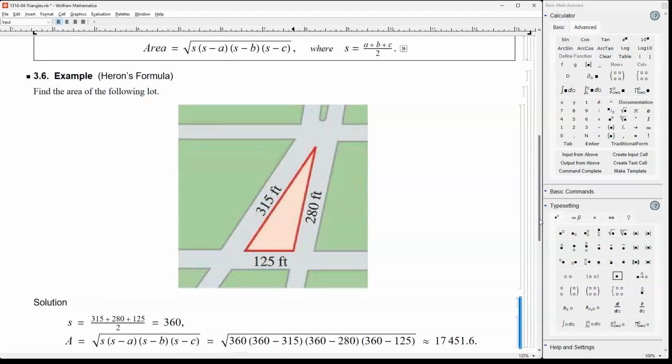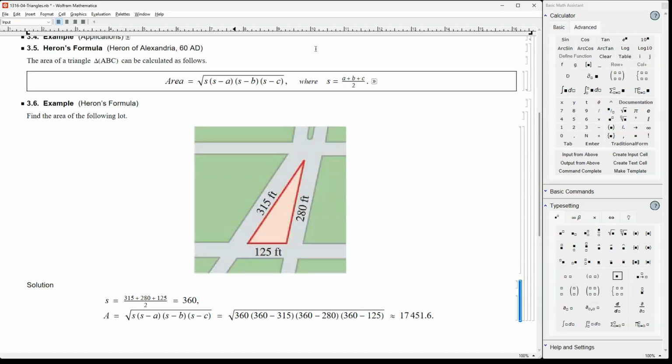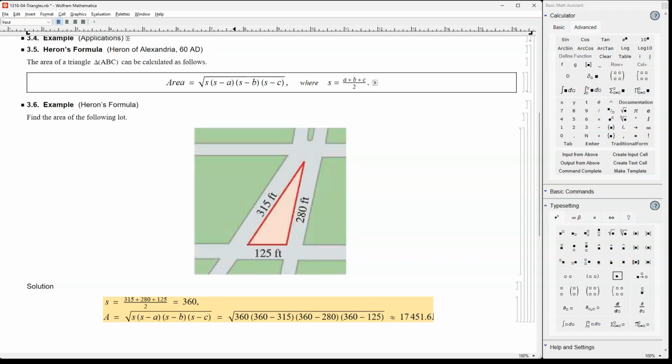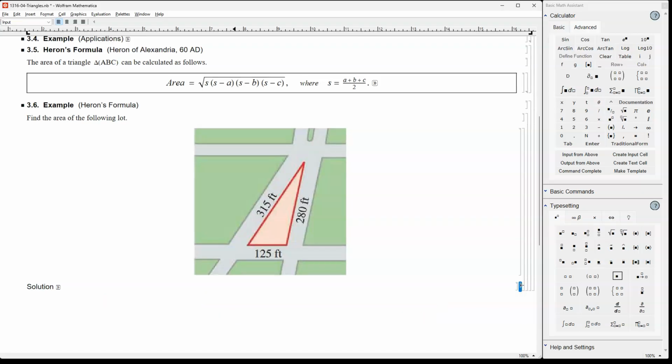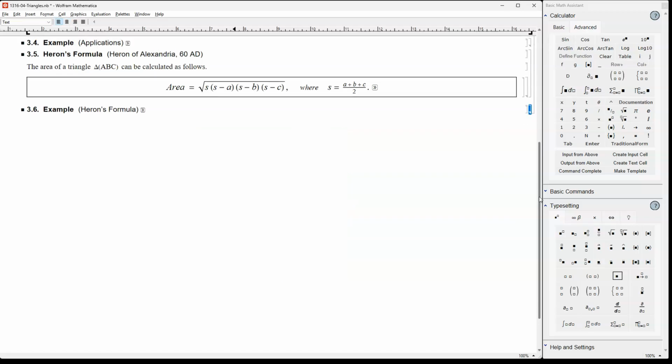Heron's formula is up there, and then the s computation, 360, and then put everything into this and run your computation. What do you get? 17,551.6 square feet. Okay, that was an application of Heron's formula.